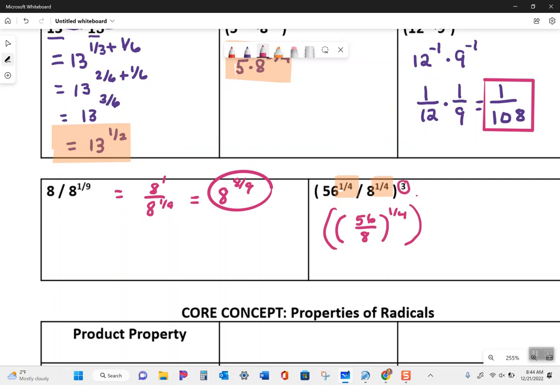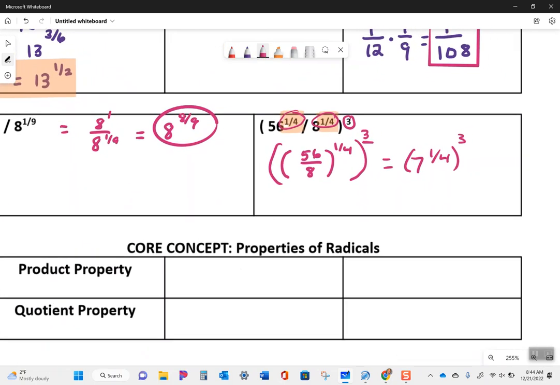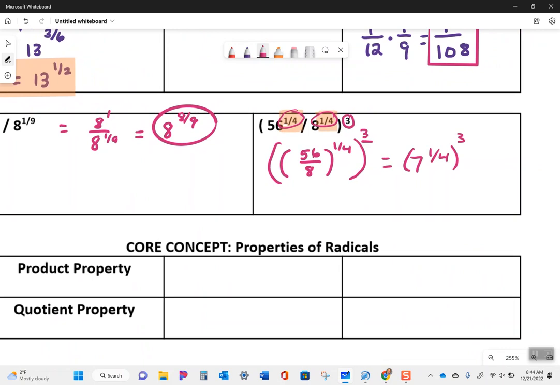All right, so talk to me, friends. What's that 56 over 8 make since these exponents up here are the same? What's 56 divided by 8? 7. So this is like 7 to the 1/4 power. Now all to the 3rd power there. Okay? Guys with me there? So now we're going to take this 3 times the 1/4. So this is going to become what in the end? 7 to the... Okay.